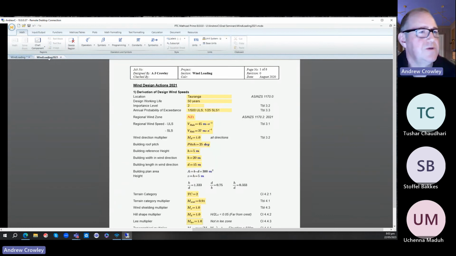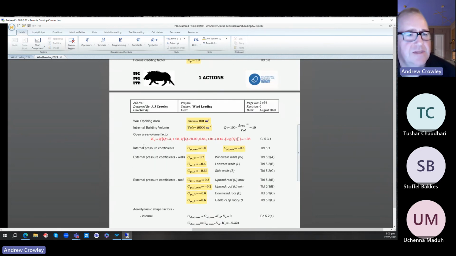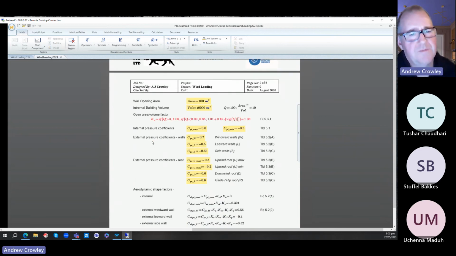I did do a 2021 edition. The main difference is the regional wind zone has changed its name. The combination factors can be changed. There's this new K_v factor. It's a bit complicated to work out, but you can derive it as an equation like that, depending on how big your building is. So the influence of your dominant openings is dependent on the internal volume of your building as well.